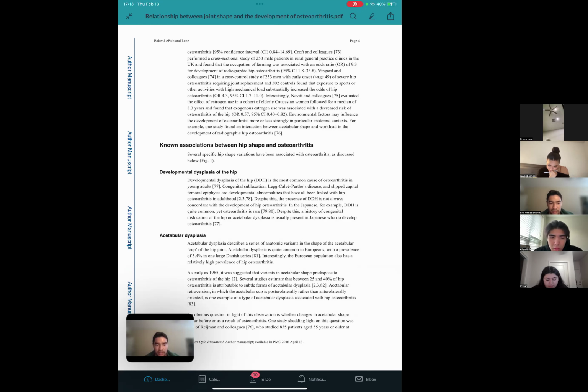Despite this, the presence of DDH is not always concordant with the development of hip osteoarthritis. In the Japanese, for example, DDH is quite common, yet osteoarthritis is rare. Despite this, a history of congenital dislocation of the hip or acetabular dysplasia is usually present in Japanese who do develop osteoarthritis.